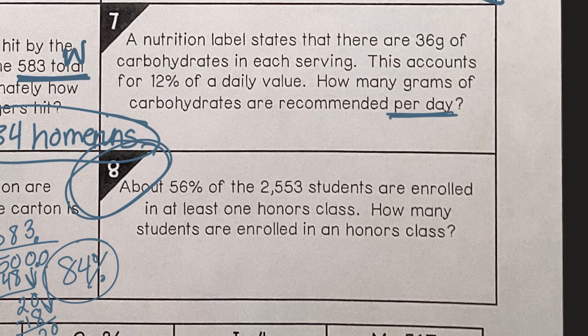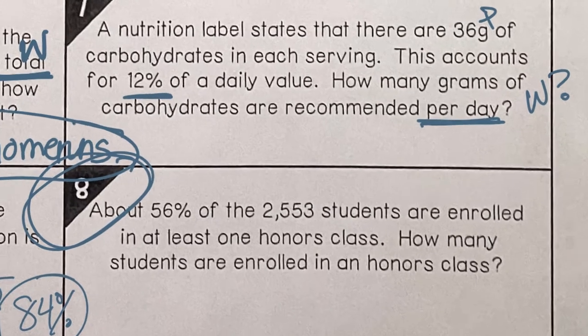There are 36 grams of carbohydrates in each serving, and that accounts only for 12% of the daily value. So we need to try and figure out how many grams are recommended for the whole day, meaning that this 36 grams is our part, and the 12% is, of course, our percentage, so we're looking for our whole, okay?